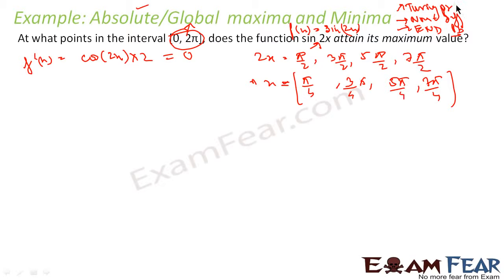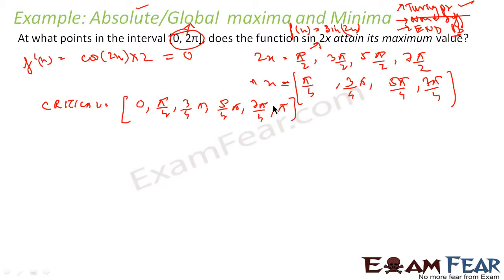Now non-differentiable points are not in the picture because sin 2x is a differentiable function. Endpoints, yes, we have to take 0 and 2 pi also. So I'll write the critical points: 0, then pi by 4, 3 by 4 pi, 5 by 4 pi, 7 pi by 4 and 2 pi.